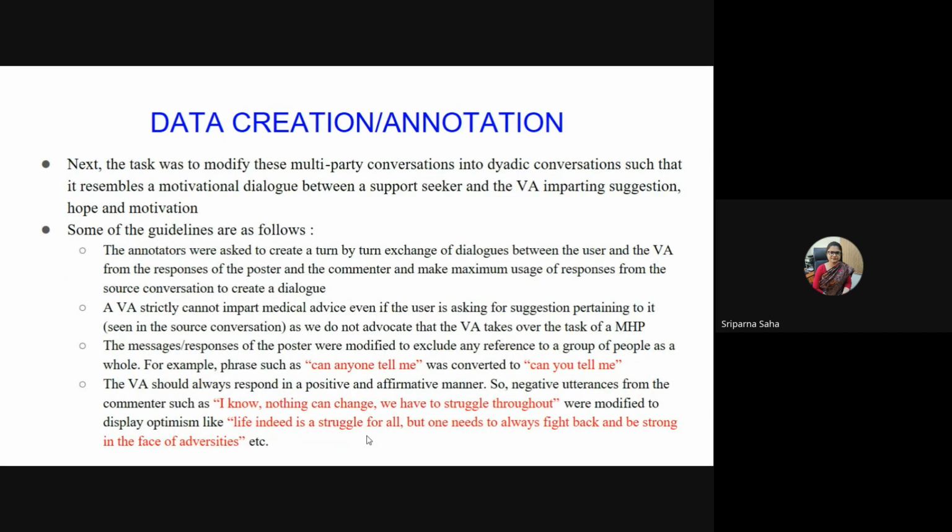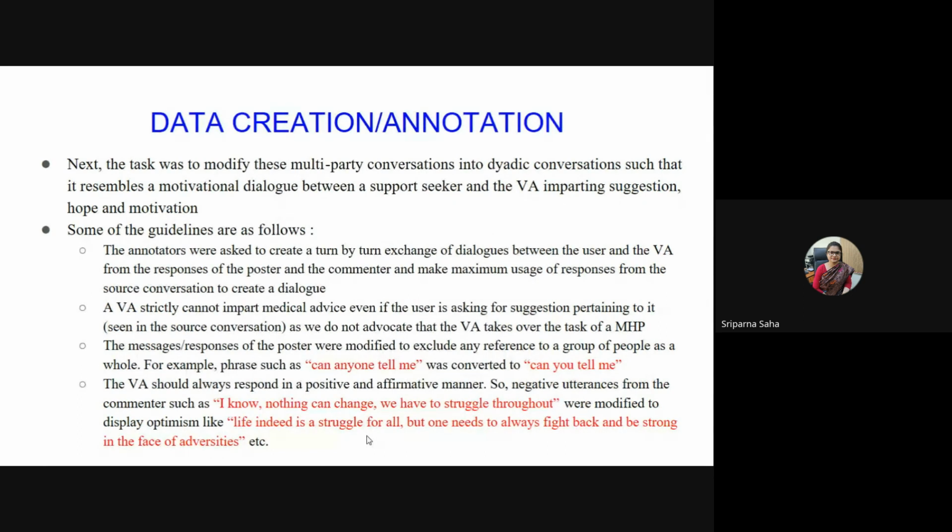Next, the task was to modify these multi-party conversations into dyadic conversations, because in this subforum, one user asks a question and many other users generate answers to it, so it is a multi-party conversation.